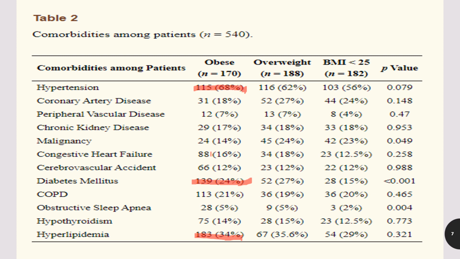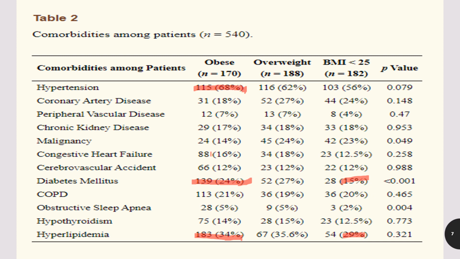So it's a big difference, 24% versus 15% right here. Another thing is hyperlipidemia, where if you have a normal body weight, it's normally 29% versus if you're obese, it's up to 34%.